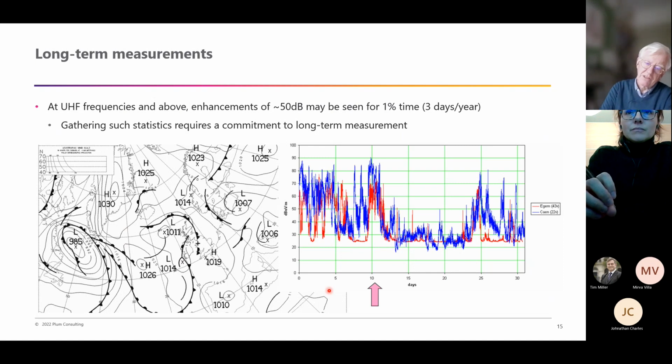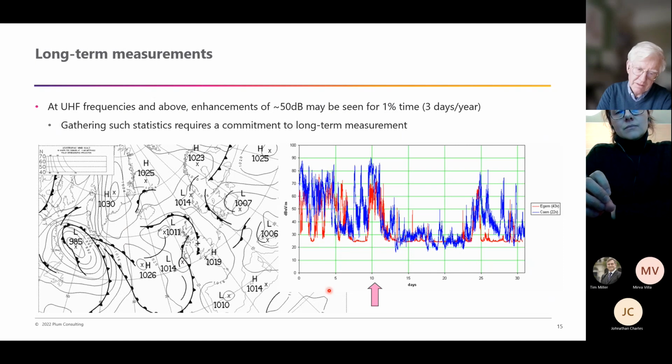So we have the ability, certainly, to understand how the statistics are changing and how the models provided by people like the ITU might need to be modified. Obviously, we're seeing more and more extreme weather events.